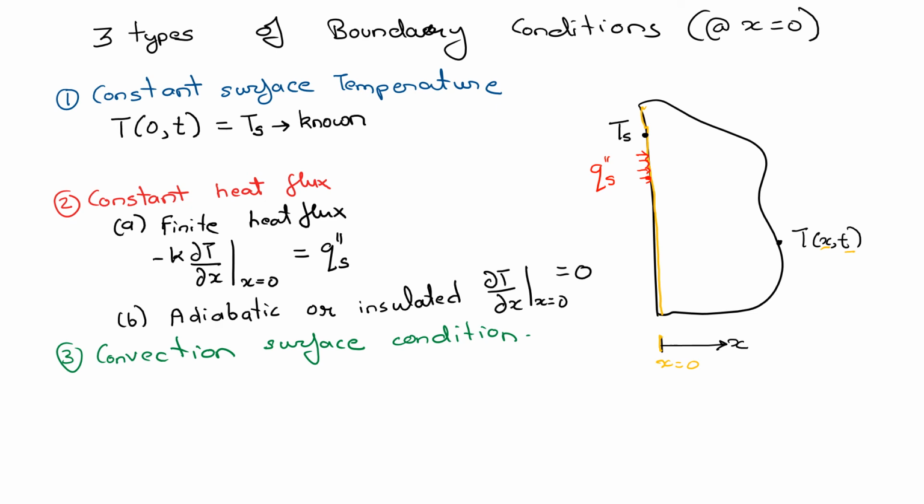In that case, your boundary condition will look like minus k dT by dx at x equal to 0, that's the boundary we are interested in, equals Newton's law of cooling, which says h into T infinity, the temperature of the surroundings, minus T at that particular surface, that means the temperature at x equal to 0.